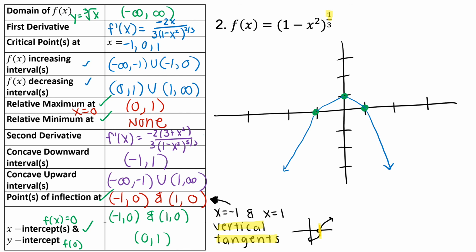So what we really need to look at is our concavity. So notice these points of inflection are going to be vertical tangents at -1 and 1, and they are going to change. So we're only going to be concave down between -1 and 1. So in the middle here, we want to be concave down, and then we're going to be concave up otherwise.